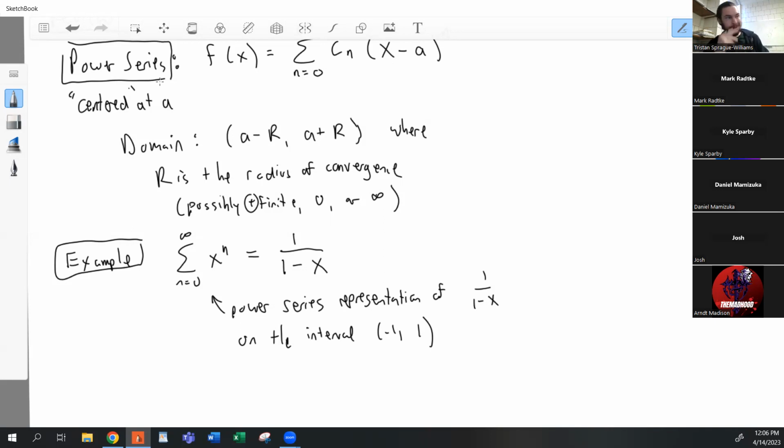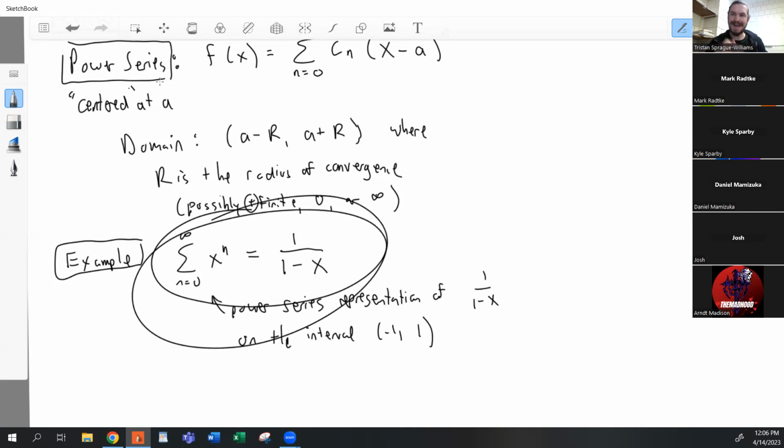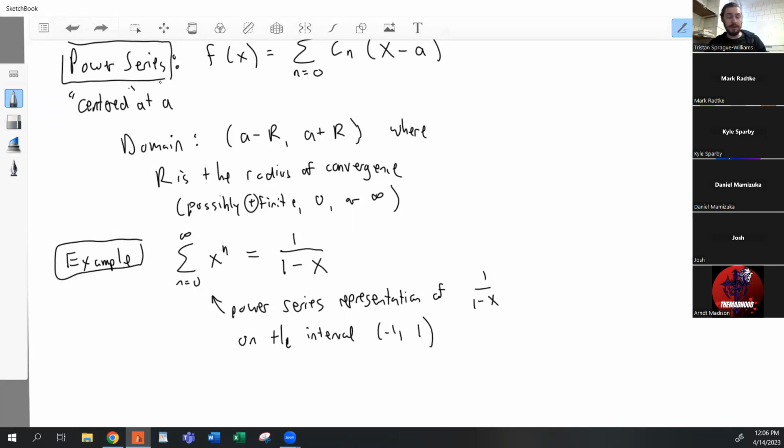Then yesterday we said, all right, if we can do this with one function, can we do it with other functions? And we started finding ways of manipulating that specific example into other functions. And we did indeed find power series representations for a small handful of other functions.